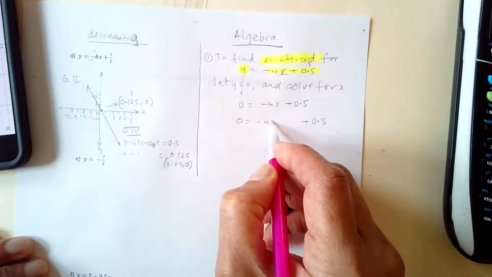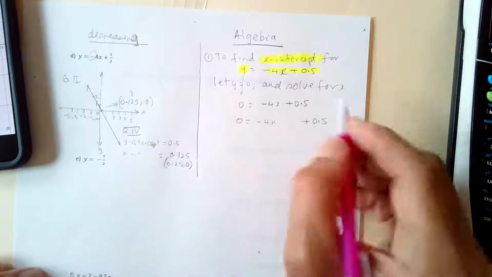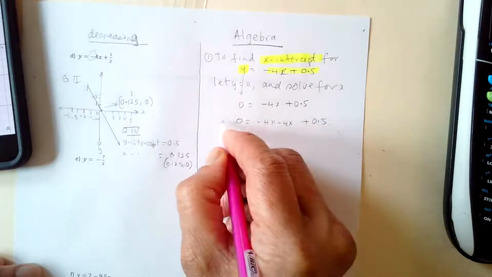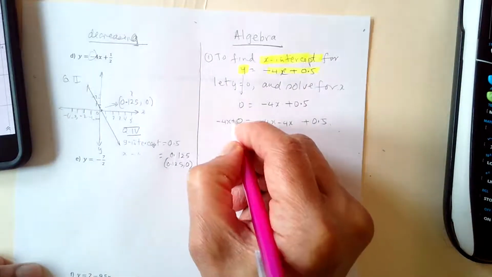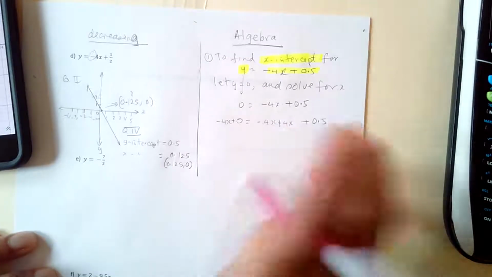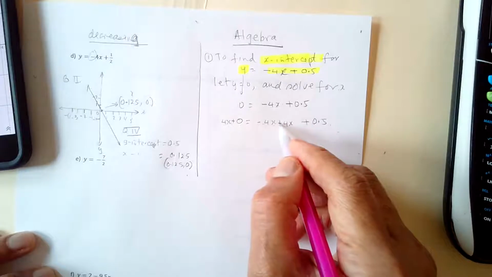I want to move this away from the intercept, the y-intercept. So I'm going to add 4x over here, and this negative 4x over here, plus 0. Negative 4x plus 4x. So I'm adding. If I was subtracting, I'd have negative 8. So I need to add.